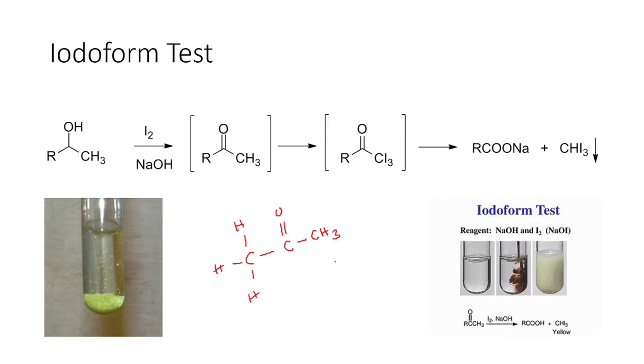So see what will happen when we are taking I2 with NaOH. It will react to give something called NaOI. What is NaOI? This is called sodium hypoiodite.